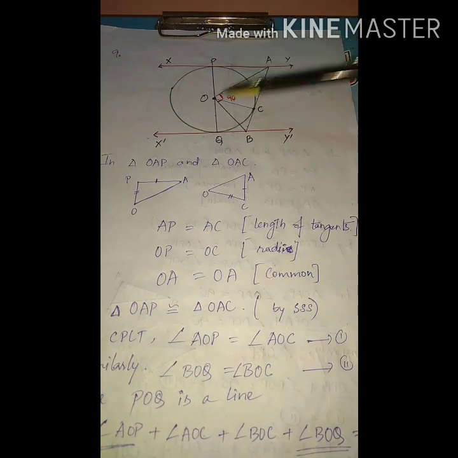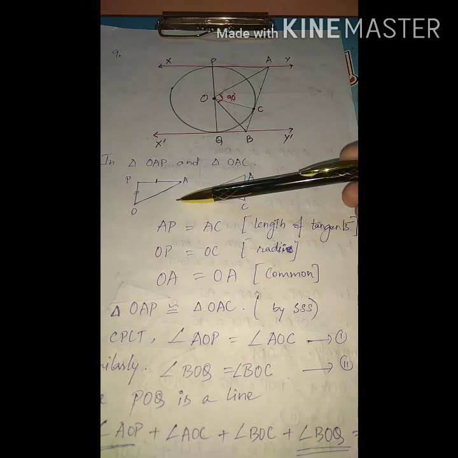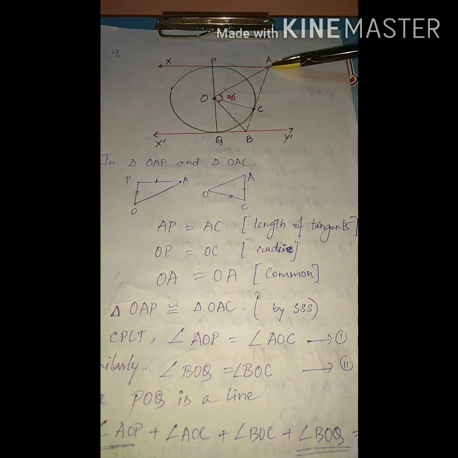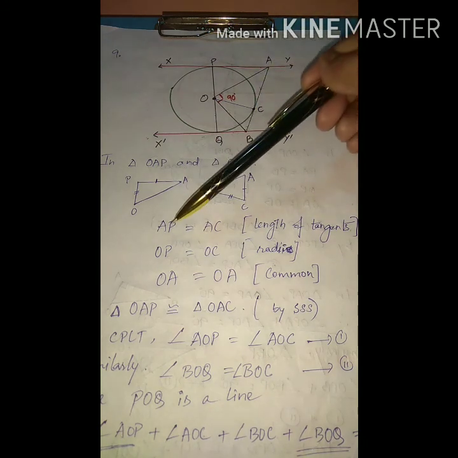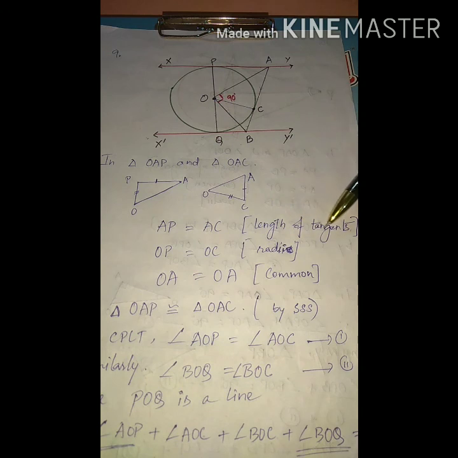Now we have to take these two triangles separately. If you see this figure, A is the external point. From this A, P is the point of contact and C is the point of contact. So AP and AC are equal. Why? Length of tangents. So first we write AP equal to AC, and inside we write length of tangents.